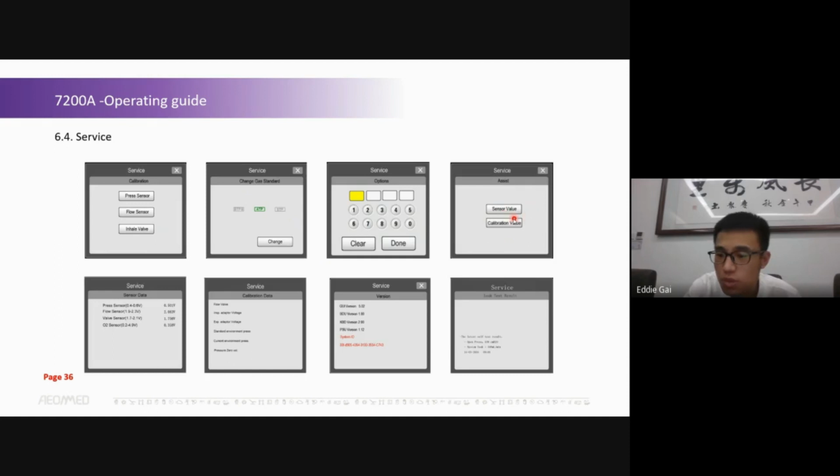Check the valve, check the voltage of the sensor and valve and calibration. Get the voltage of the sensor and check the software. If you need to update the software, you need to check this information.